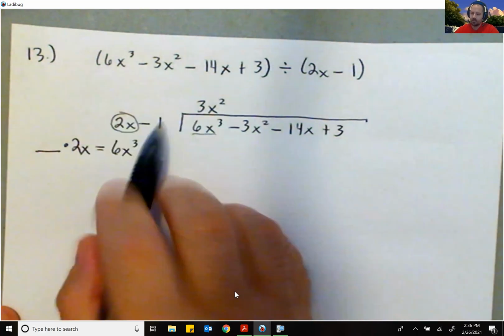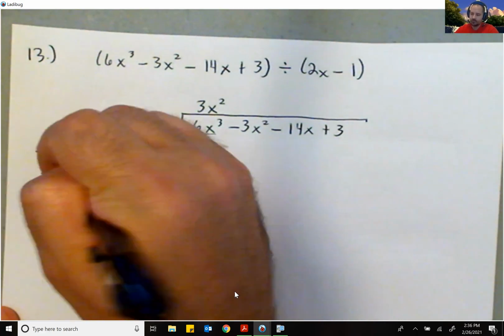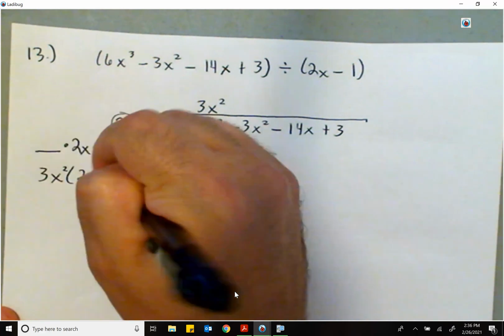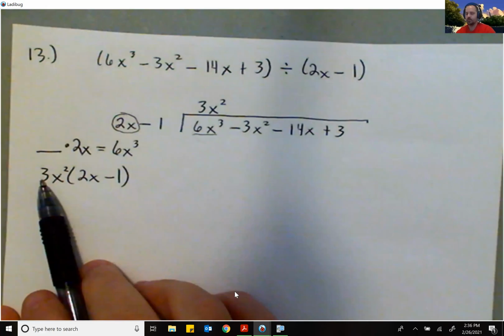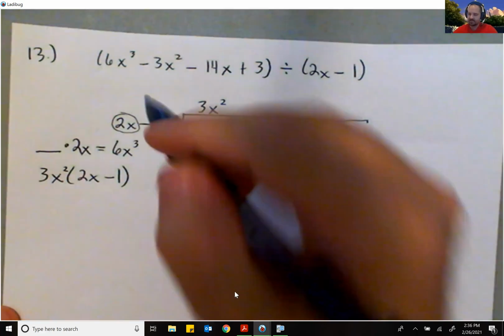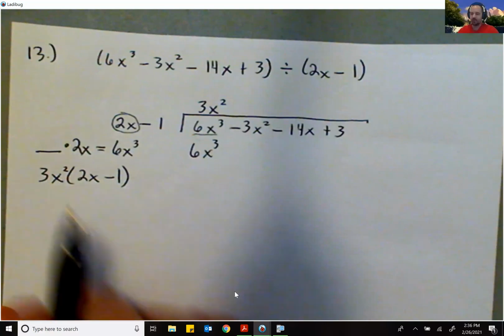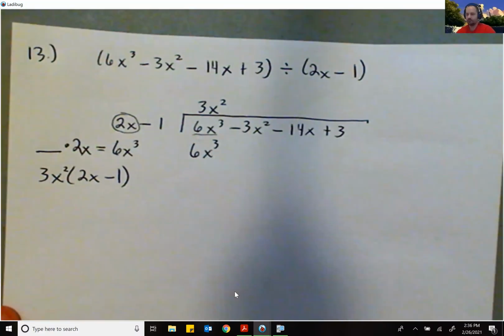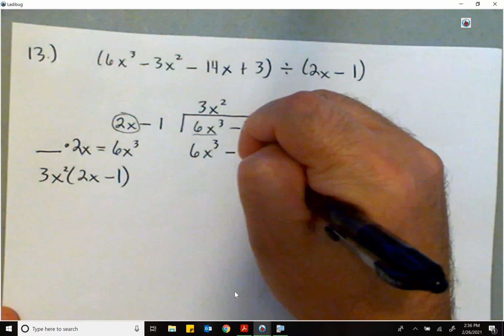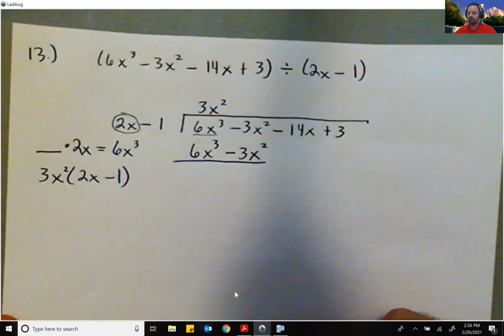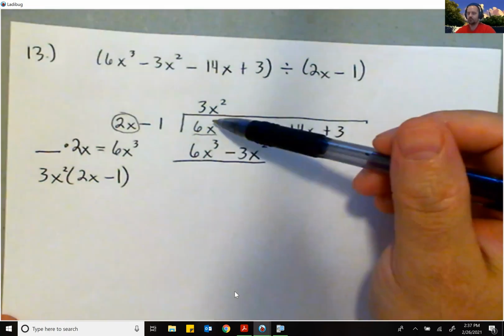So we're going to take this 3x squared and multiply our 2x minus 1. When we distribute through, that gives us the 6x cubed, no surprise there. But what's 3x squared times negative 1? Negative 3x squared. And then what do we do in long division?